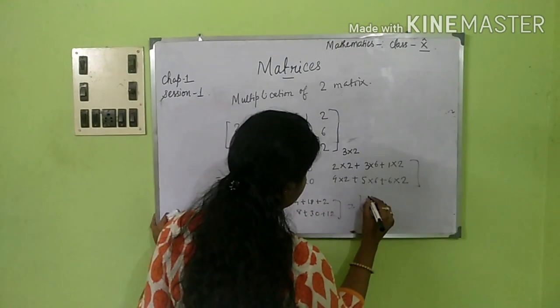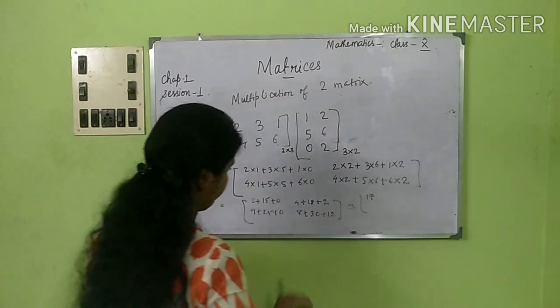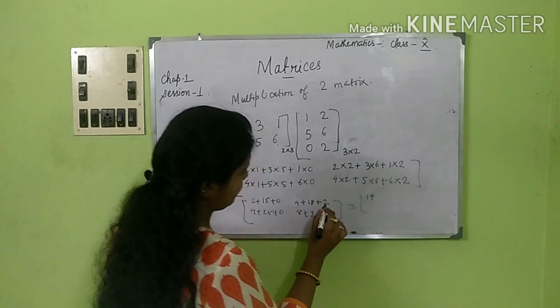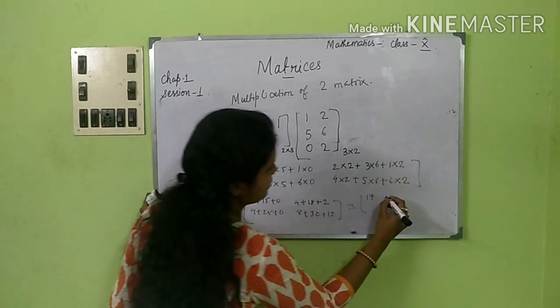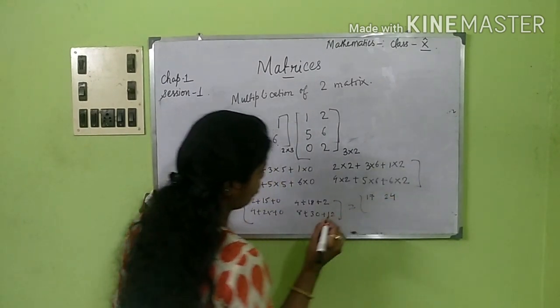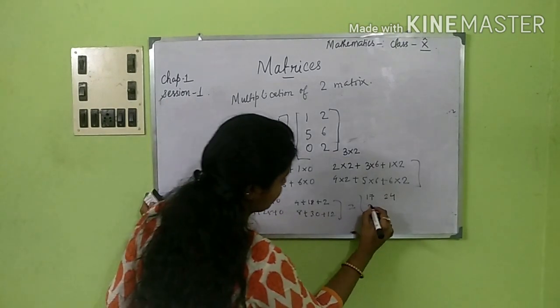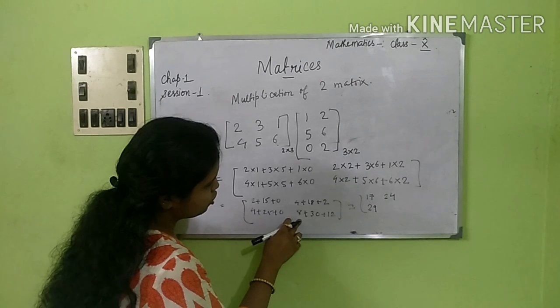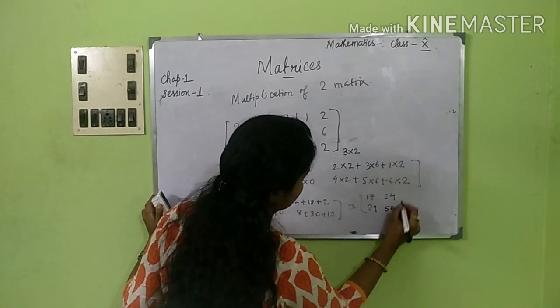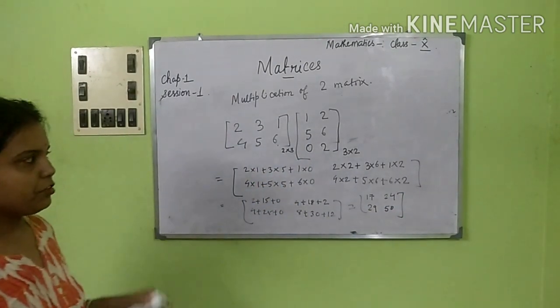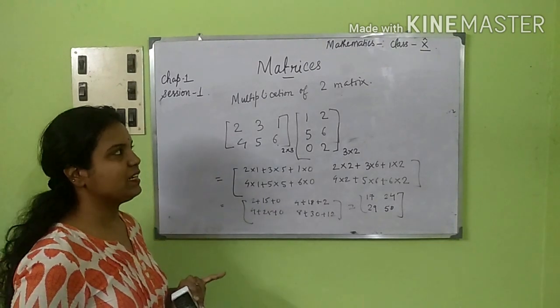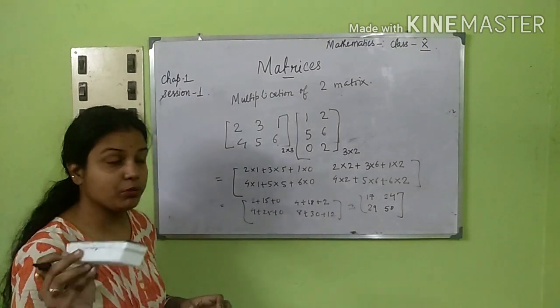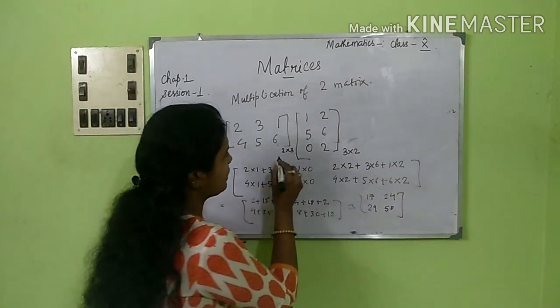You are getting 17. Here you are getting 6 plus 18, that is 24. Here I am getting 29. And here I am getting 20, that is 50.